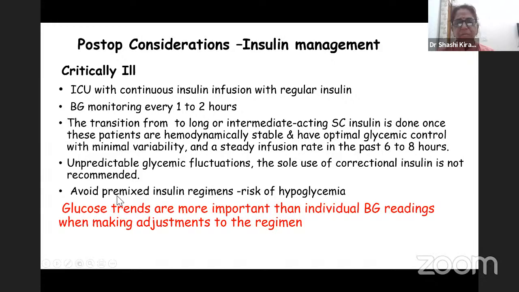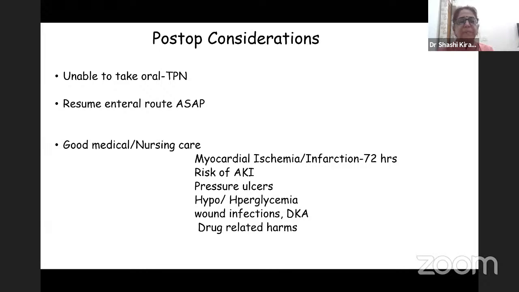Avoid pre-mix insulin regimes as there is risk of hyperglycemia. Glucose trends are more important than one or two blood glucose levels. If patients are unable to take oral, TPN is initiated, but try to resume the enteral route as soon as possible.